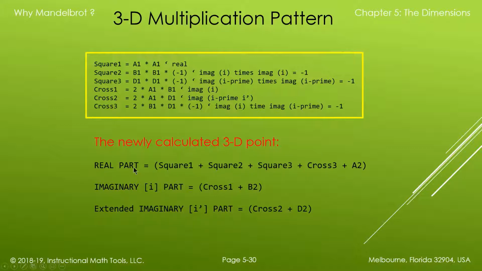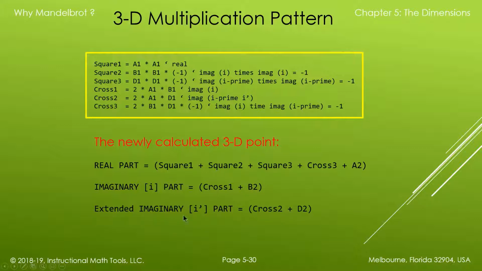The real part of that point takes square 1 plus square 2 plus square 3 plus cross 3 plus A2, where A2 is the original real component of C. Then you come up with the imaginary component by adding cross 1 with B2, where B2 is the imaginary component of the original C that was fed to the recursive equation.